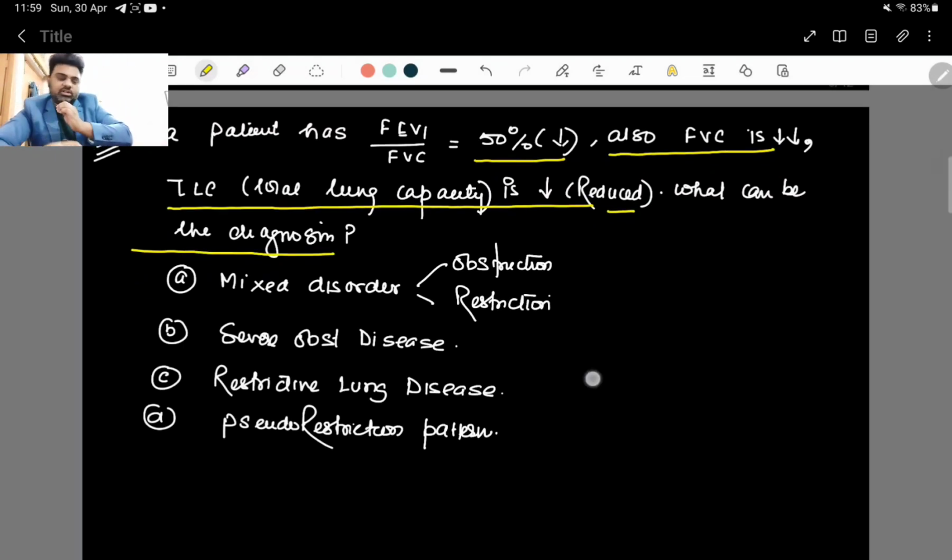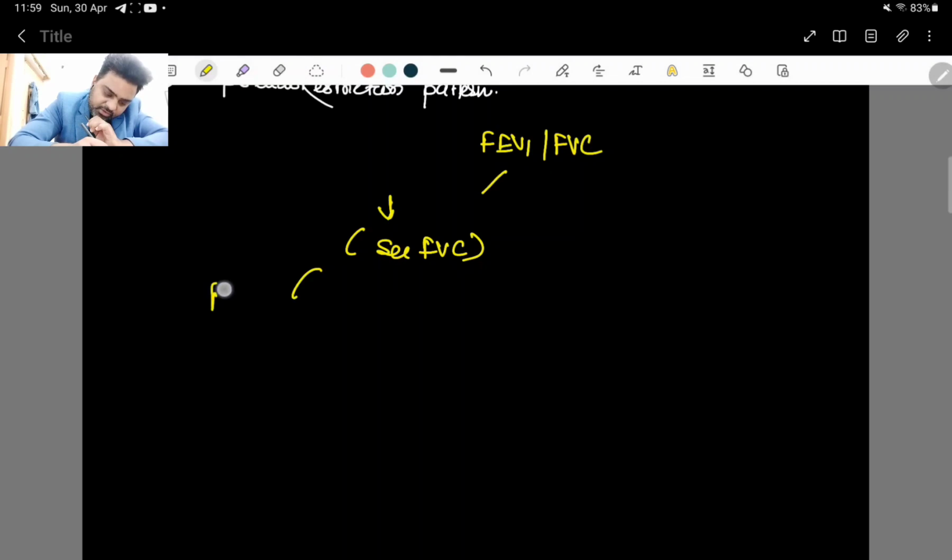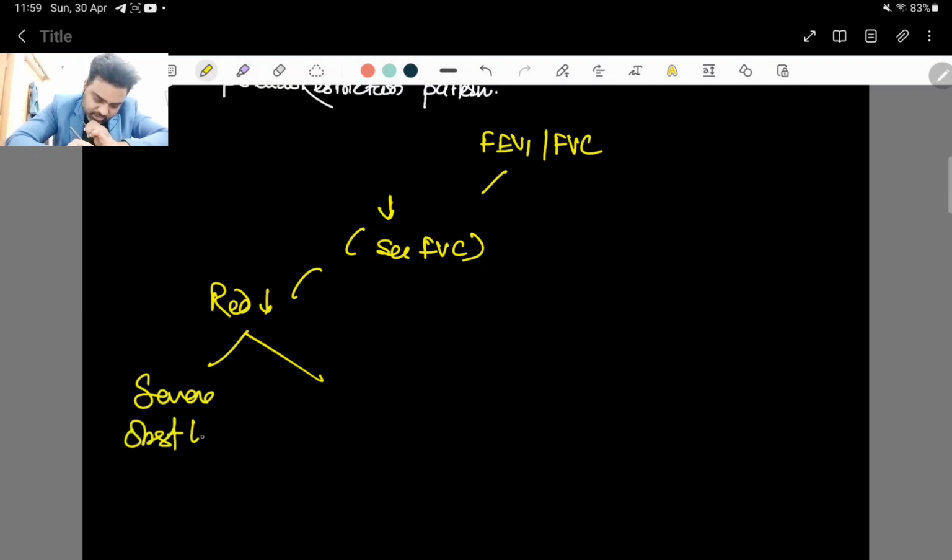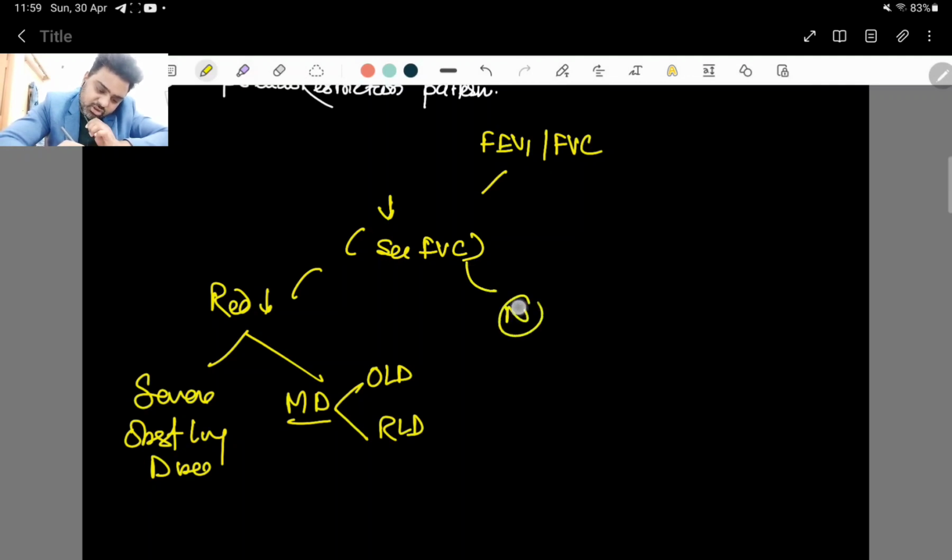Now before solving this question, we will understand this. We have just learned that we first see FEV1 by FVC. If it is reduced, see FVC. Now if it is reduced, we can have two things, that is severe obstructive lung disease, or a mixed disorder, that means obstructive plus restrictive lung disease. If FVC is normal, that means we have a mild to moderate obstructive lung disease.